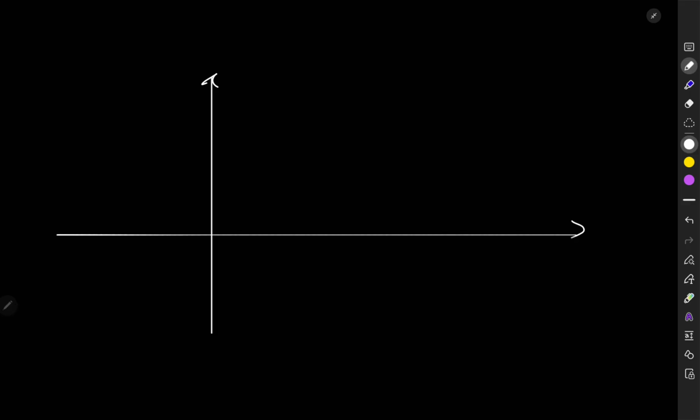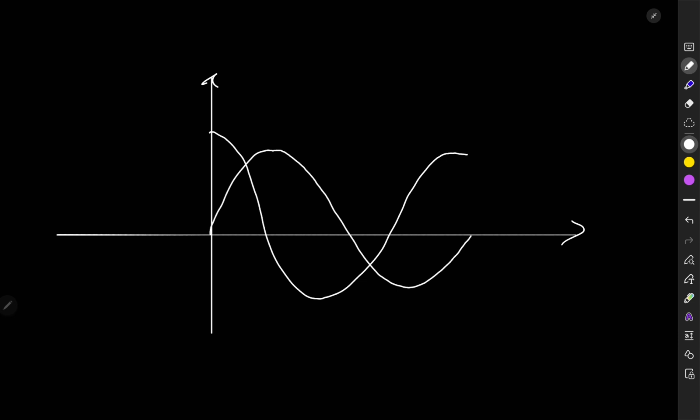Graph. So just listen. The graph of y equals sin x versus the graph of y equals cos x. Basically you merge both of the graphs in the same picture. This is the cos graph and this will be the sine graph, right?